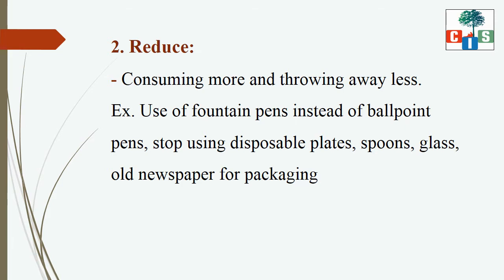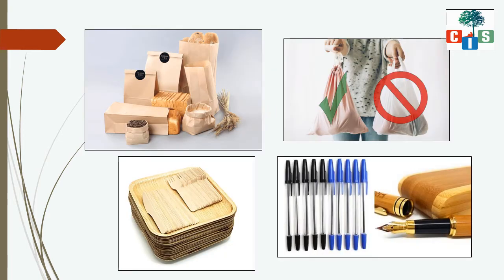So we can use fountain pens, ink pens, where we can fill the ink and we can use it again and again. Second, we should stop using disposable plates, spoons, glasses made of plastic or thermocol. And we should use old newspapers for packaging. So here what we are doing, we are reducing the amount of waste.